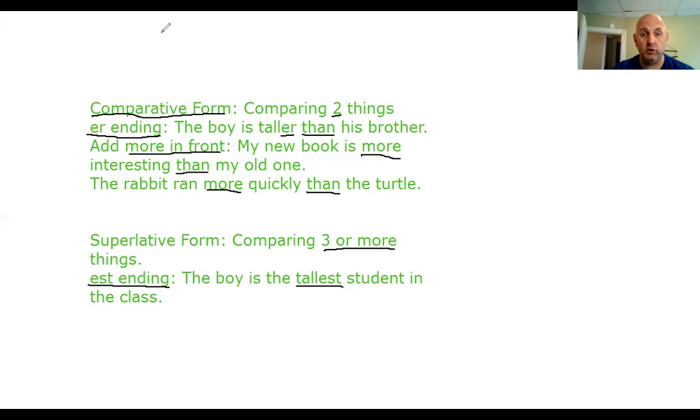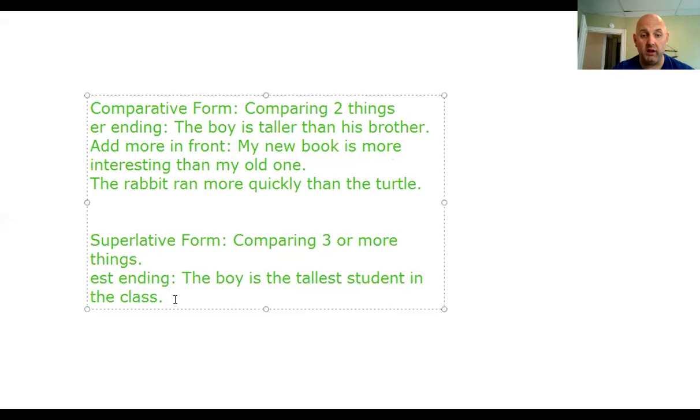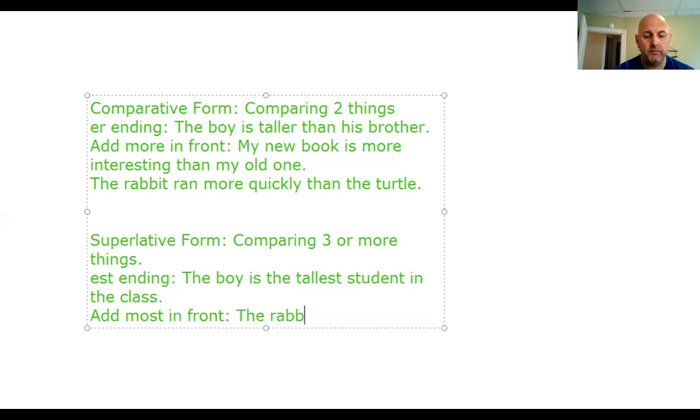Sometimes I can also use, instead of more in front of it, most in front. Again, when am I going to use that? I'm going to use that with longer adjectives, and I'm going to use it with adverbs that end in ly. Let me do the book one.